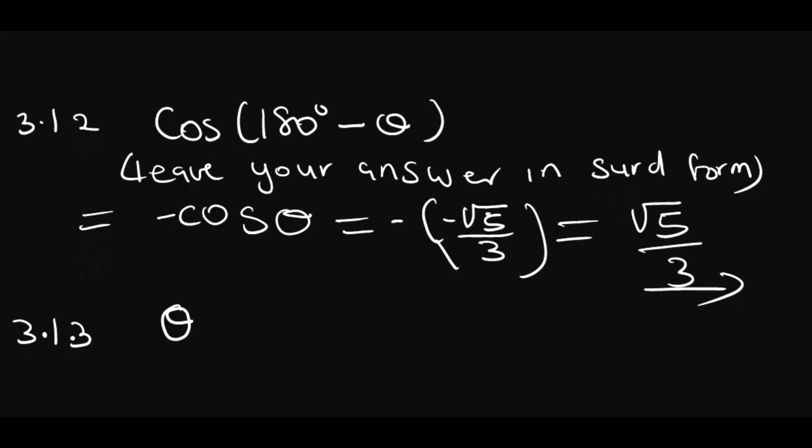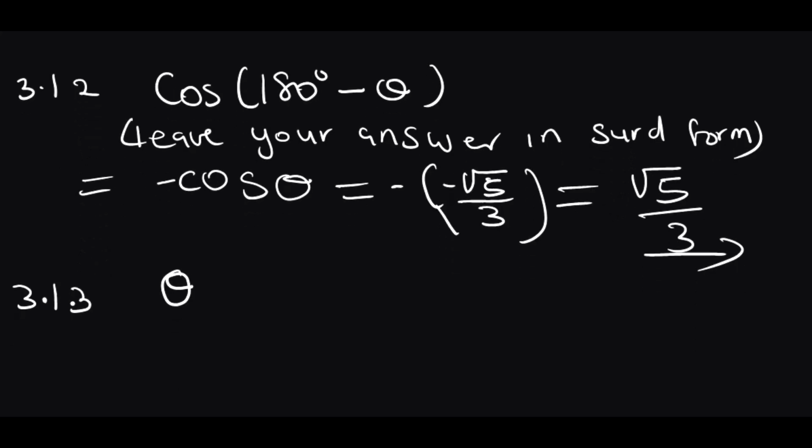Alright, now the value of theta. How are we going to find the value of theta? We can use the information that we already have. Let us use cos. We can say arc cos of negative root 5 over 3.